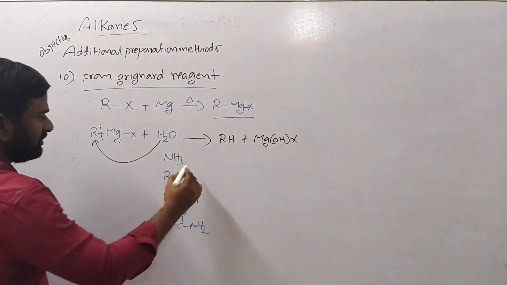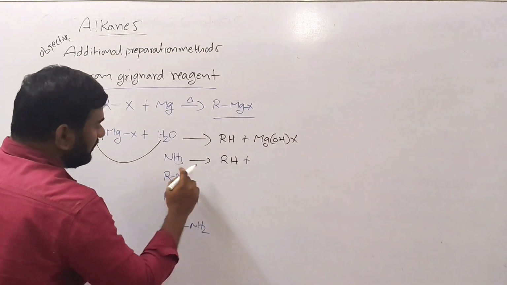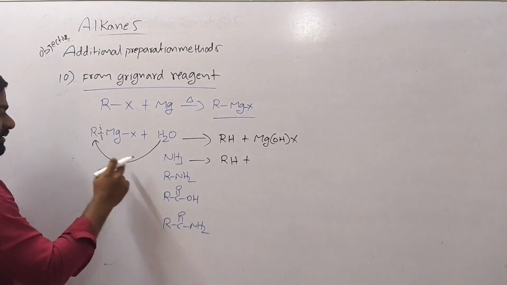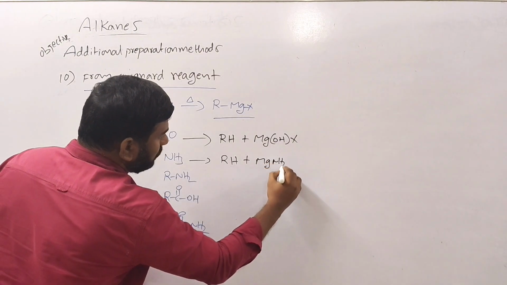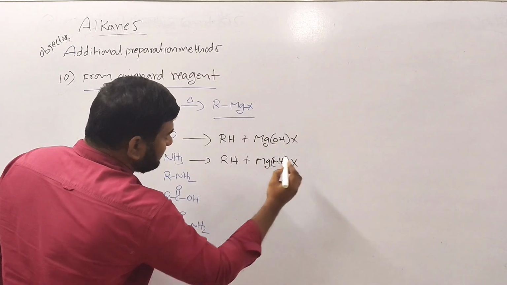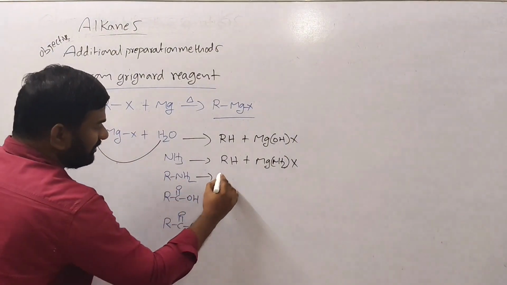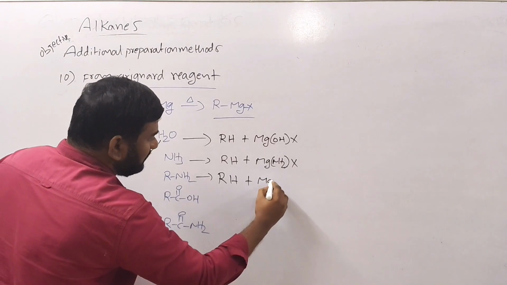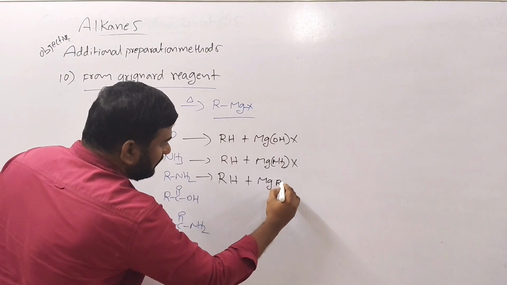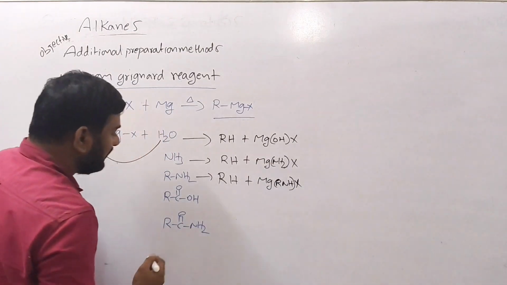In the remaining cases also we get RH the same way. From NH3, one H is added to the R, remaining NH2, so in place of OH you write MgNH2X. Similarly, from the amine one hydrogen is added to the R, so we get RH and Mg(RNH)X.